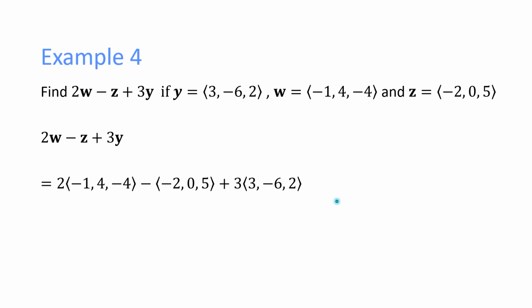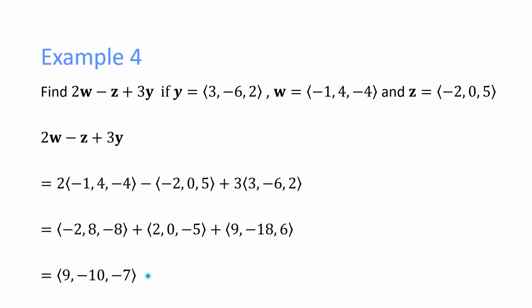And using scalar multiplication, that gives us -2, 8, -8, plus 2, 0, -5, plus 9, -18, 6. And finally, using vector addition, this gives us 9, -10, -7.